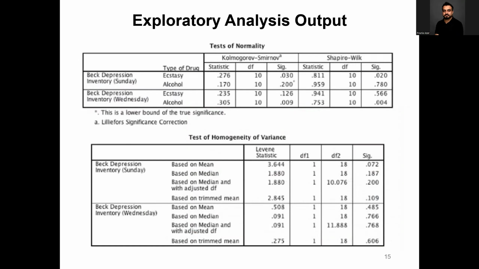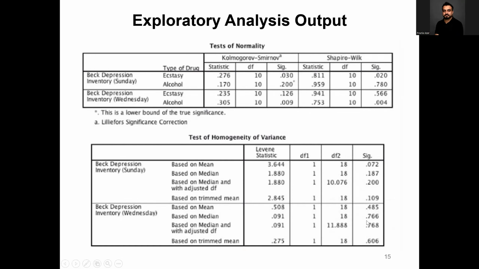Let's look at the homogeneity of variance. For the Sunday data, Levene's test is not significant. For the Wednesday data, Levene's test is not significant either. So I would assume that the homogeneity of variance assumption is met in this case.